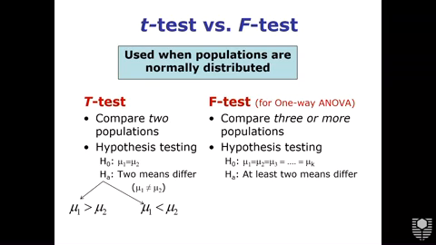Well, for f-test, which is the one-way ANOVA, we compare 3 or more populations. Here is 2. Here we're going to see 3 or more populations. Here 2 we have.